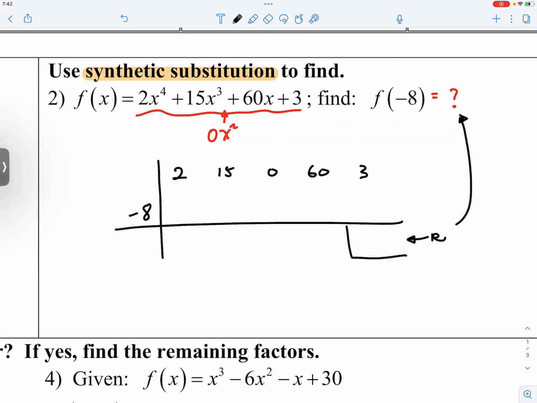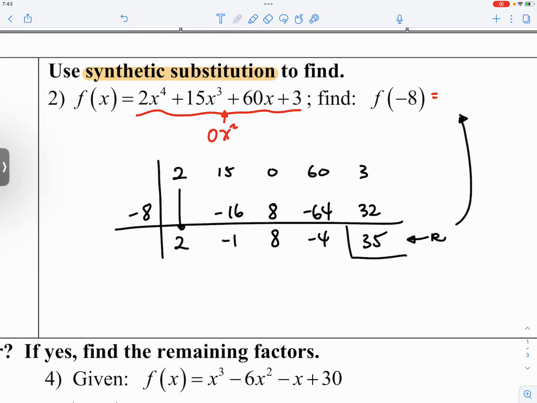If you do synthetic division instead, you're like, oh, that's actually a whole lot easier, because the chance of you dealing with big numbers is close to 0.